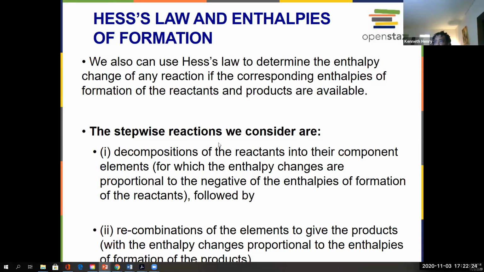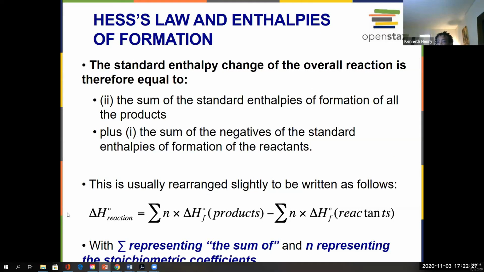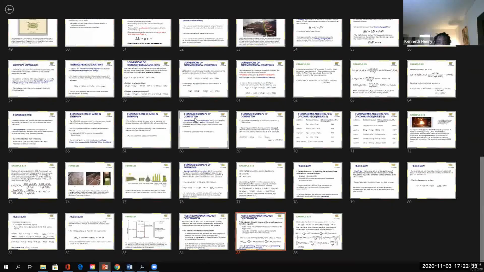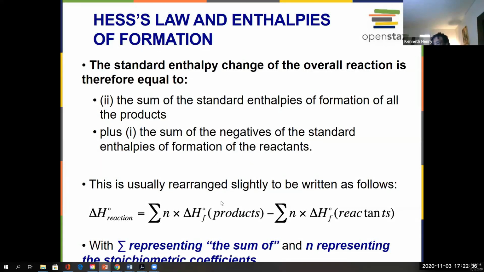So let me just show you the equation. So the sum of the products minus the sum of the reactants, of their enthalpy. And we have to multiply them by the number of moles because it's based upon that molar ratio of the chemical equation.